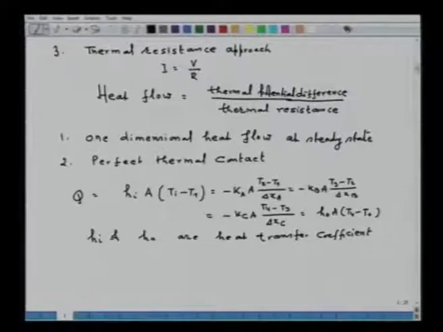So it is important here to note that these temperatures T1, T2, T3, T4 are the temperatures of the respective walls. Similarly, H0 is the heat transfer coefficient from the outer wall of the composite to the surrounding.